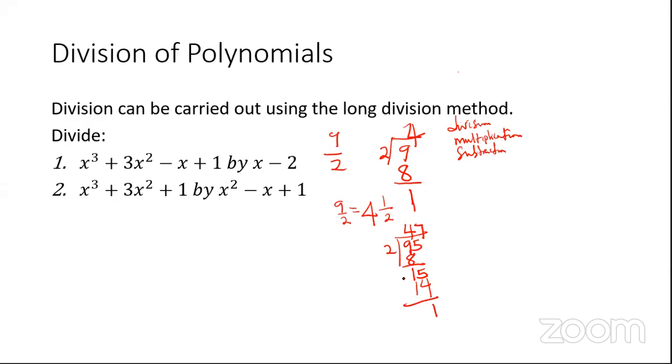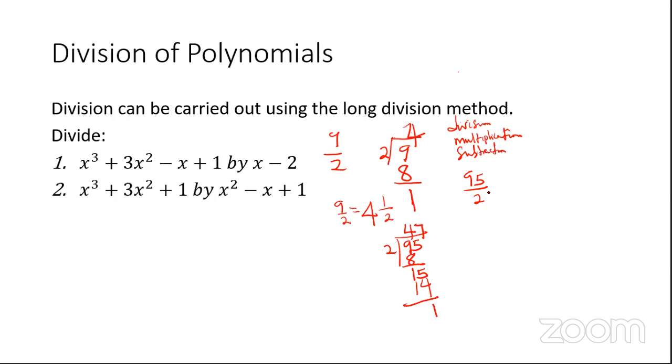You don't understand? Okay, let me go back. When we were in primary school, the way we learned division was through this method. We call it the long division method. So let's assume that we want to divide 95 by 2.